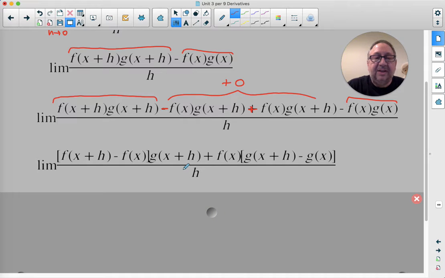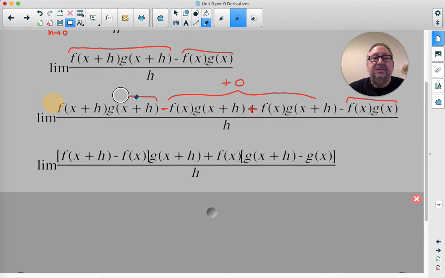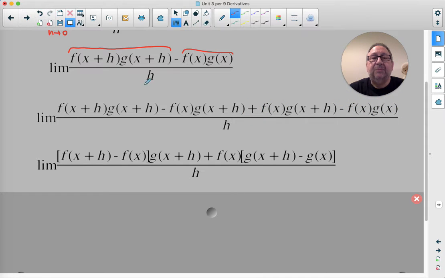So what I've done in the next step is I've taken the first two terms, and they share a common g of x plus h factor, which has been factored out.